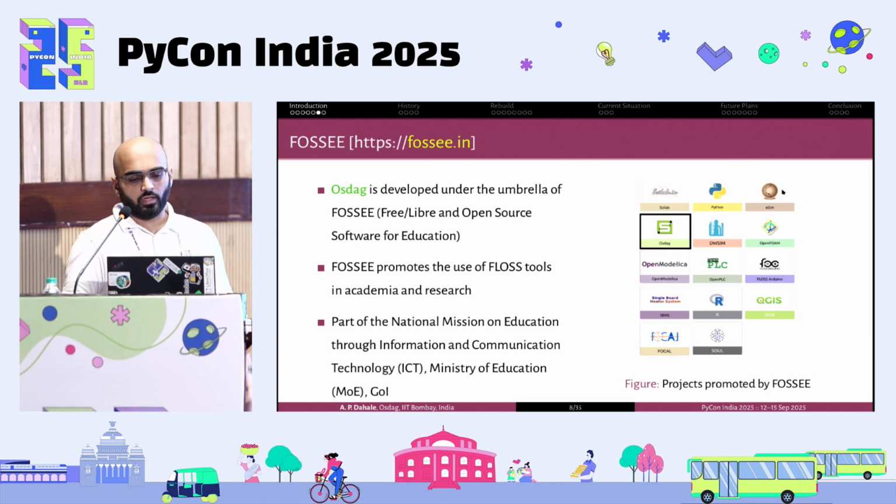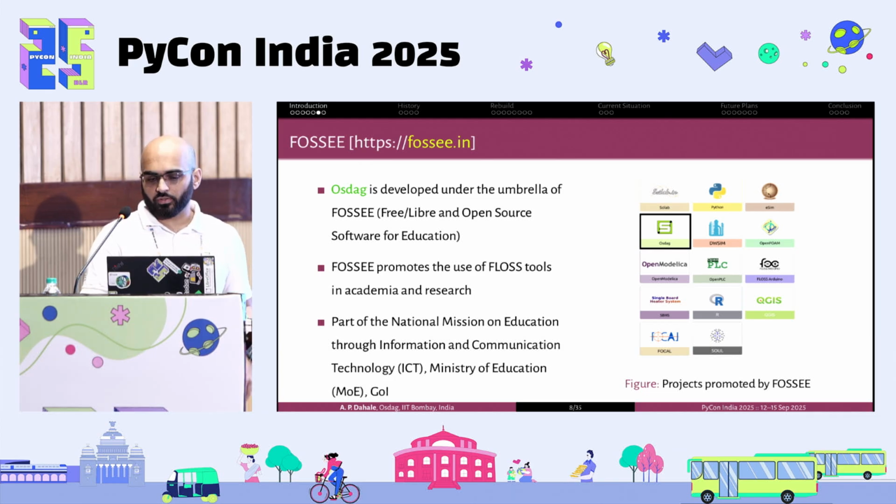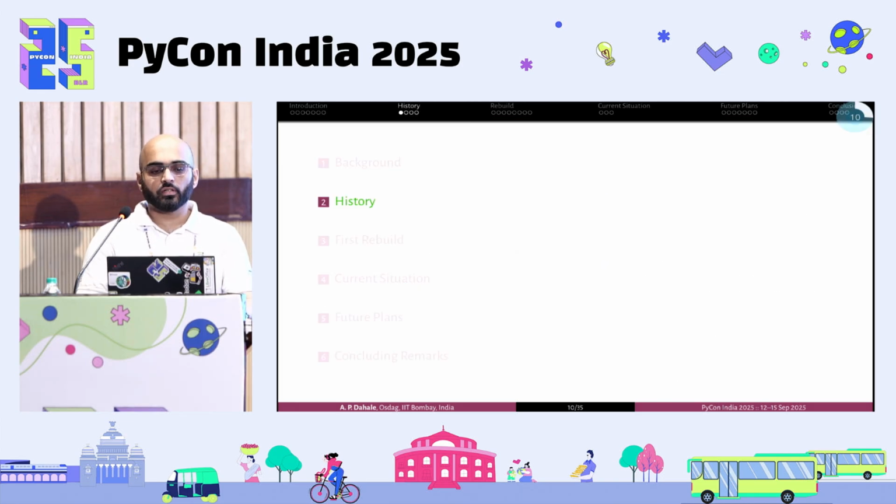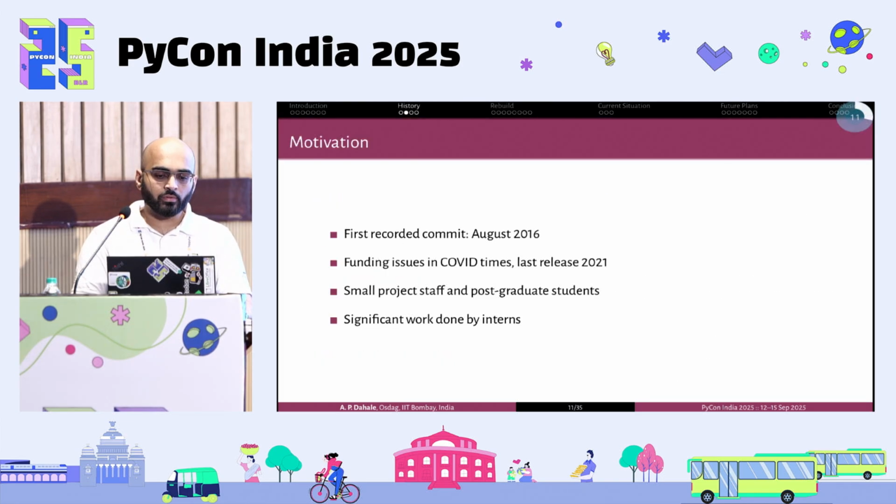We are funded by the Ministry of Education through the NME ICT scheme. I'm not sure what it's called, but yeah. Apart from this, there are a whole bunch of things that we do, so I invite you to take a look after this talk.